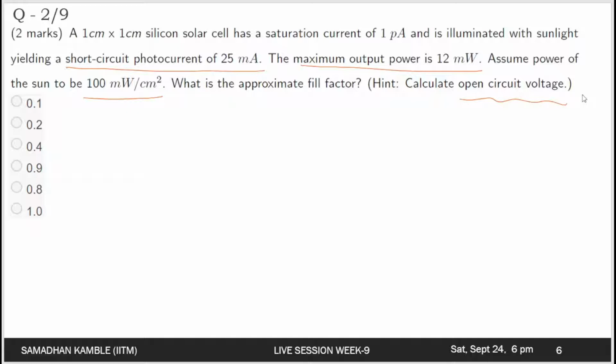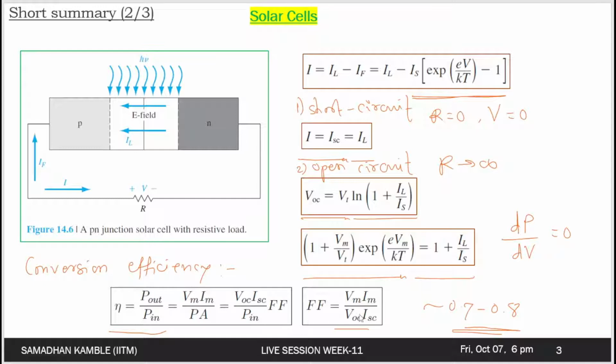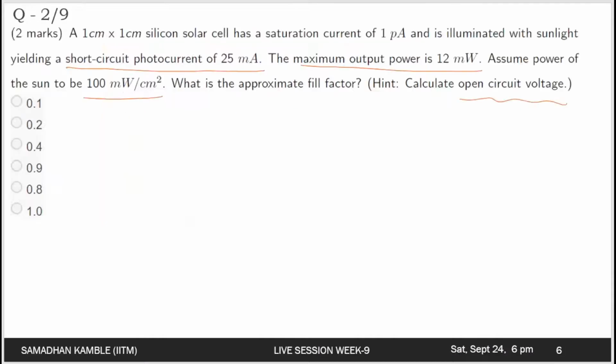If we go to our summary slide, we'll get the formula for fill factor, which is nothing but VmIm by VOC times ISC. Again, a simple formula. We'll write our fill factor as VmIm over VOC, that is open circuit voltage, times ISC, that is short circuit current.